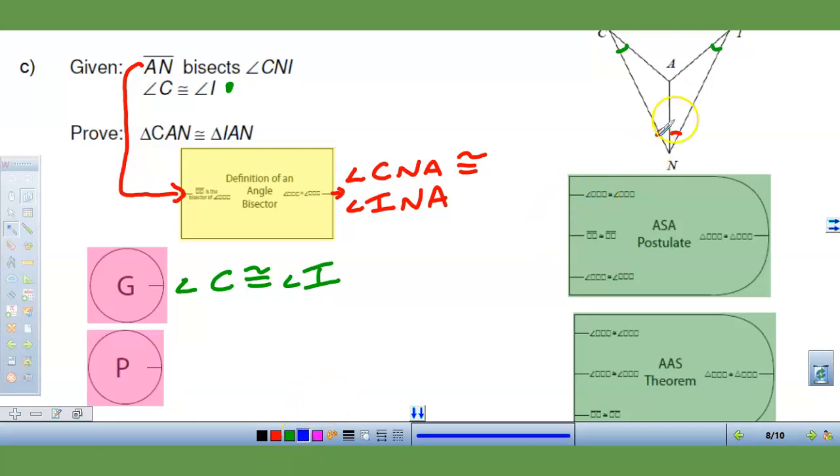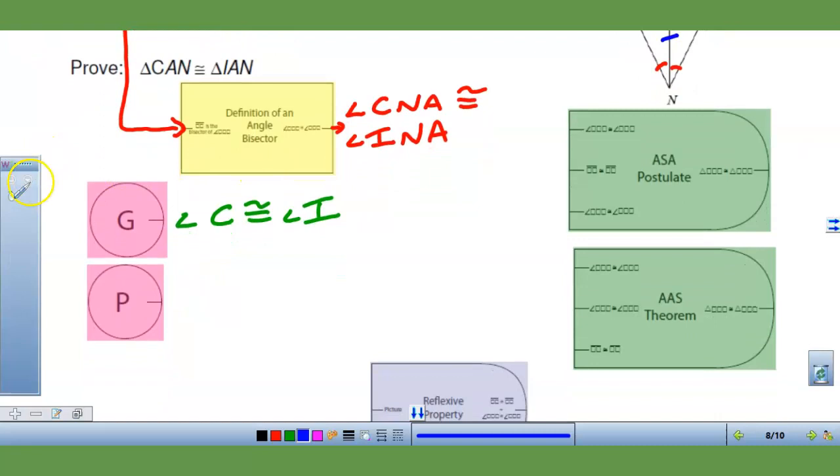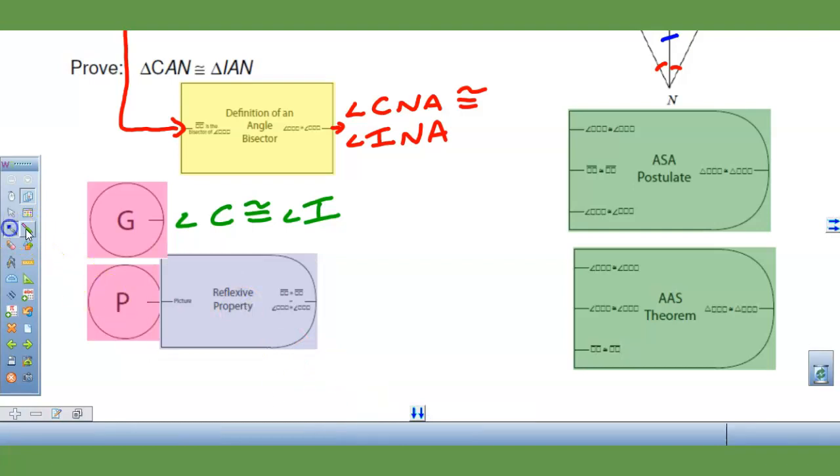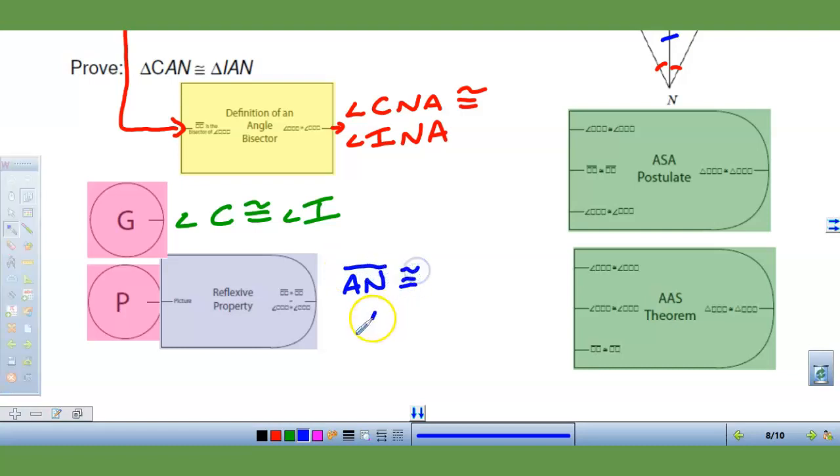Yeah, AN is congruent to AN, because of that reflexive property. So from the picture, we can use the reflexive property and say that segment AN on the left triangle is congruent to the segment AN on the right triangle.